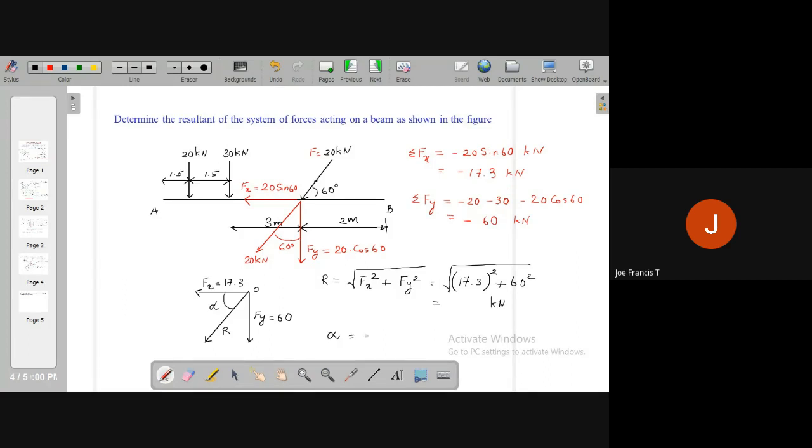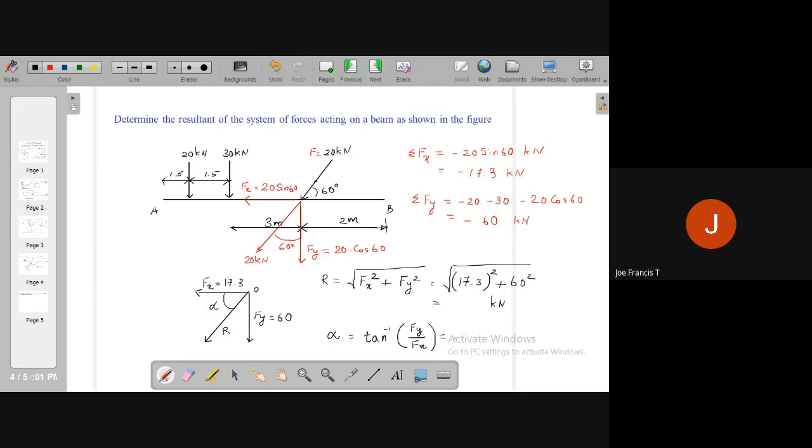Alpha is tan inverse of Fy by Fx. Here, since you have already taken the sign, you need not take the sign again.